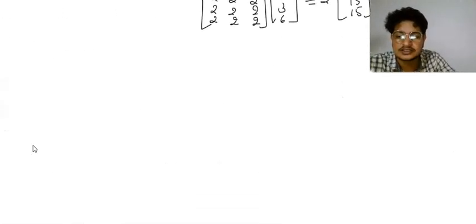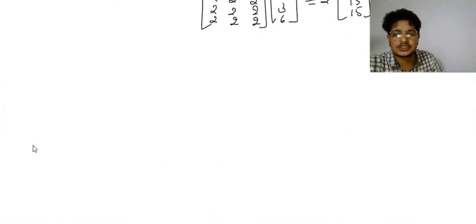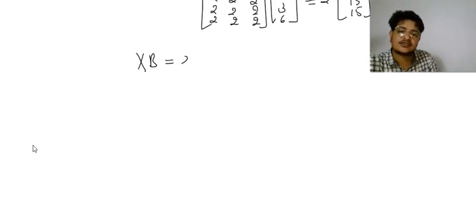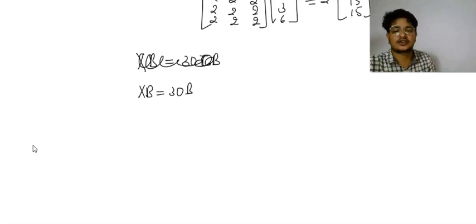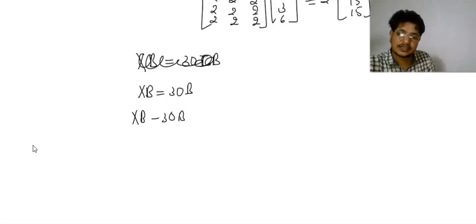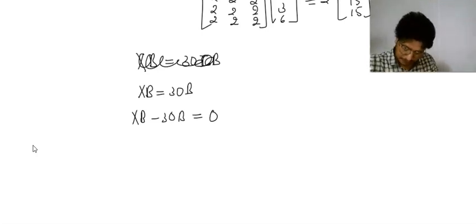Let's go with the C option. Option C is written as X, Xb, which is equal to 30b. Sorry, 30b, this one is written. So I will write it correctly: Xb is equal to 30b, we already know that. Instead of b it is 111. If I take Xb and 30b on one side, it is equal to 0.